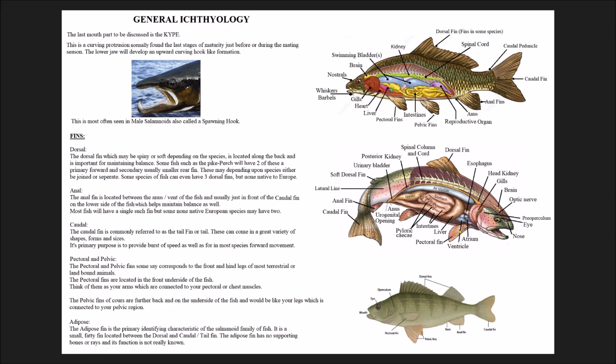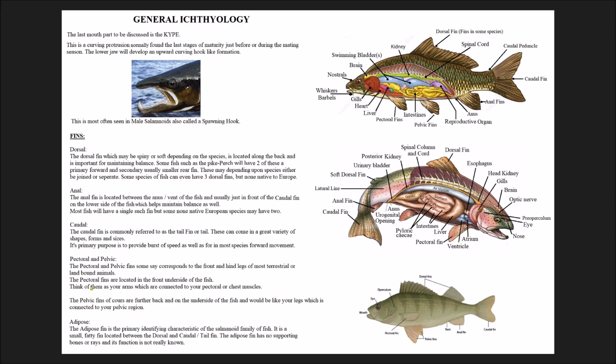You notice the gill structure lower. However, for a pike perch, you notice it's higher up on the side next to the gills. However, at this time, from the materials that I have, it says the pectoral fins are located on the front underside of the fish.